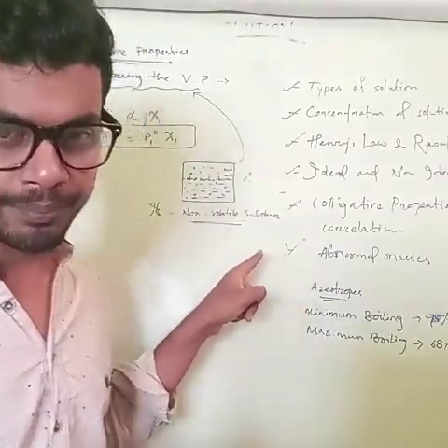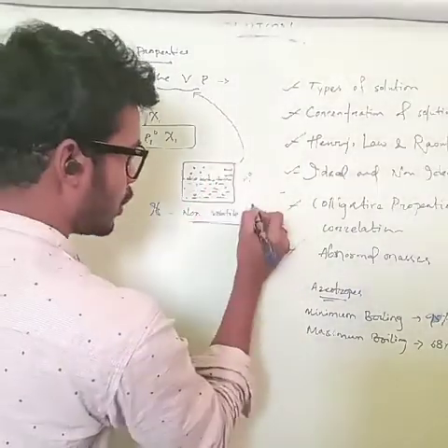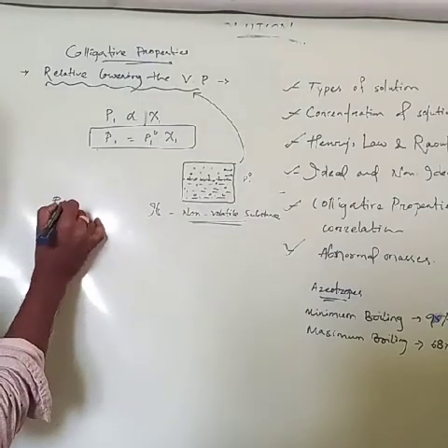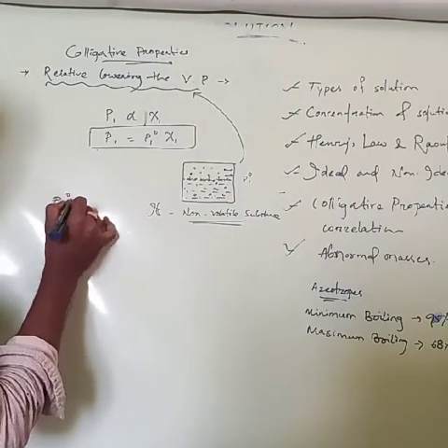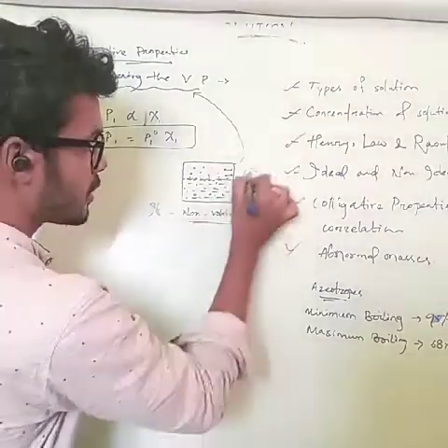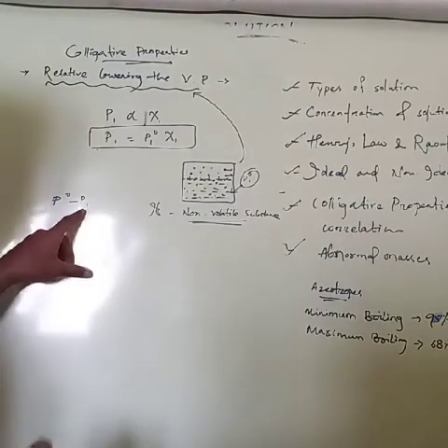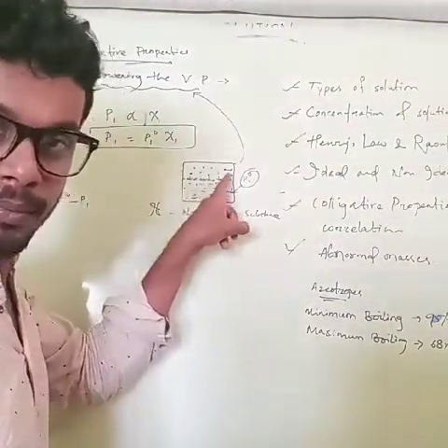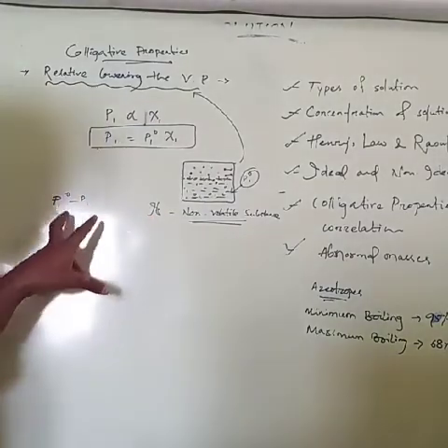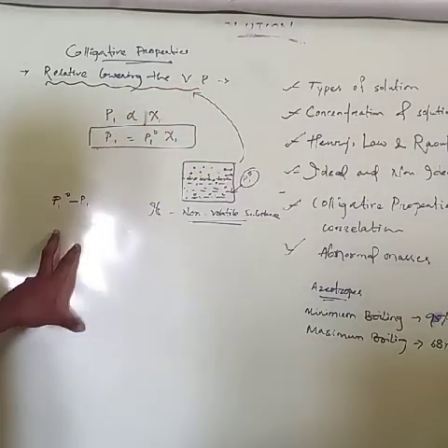Am I clear? So what is the difference if you add one more solute? This P0 is the pure solvent vapor pressure and P1 is the partial pressure after adding this, or you may say the pressure of the solution. So this difference shows how much the vapor pressure is lowered, and you can calculate it.